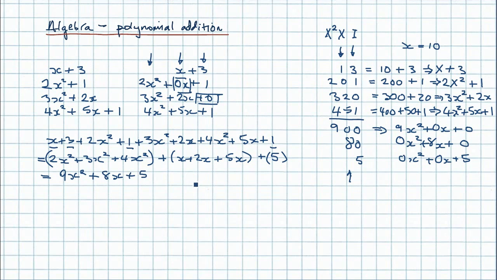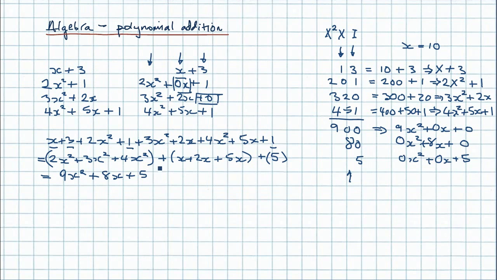Okay, so if I go back over here, just finally for comparison, you can see that's exactly what we were going to get here. So if I converted this to algebraic, I've got my 9x squared here, my 8x here, and my 5 here. So there's the relationship between conventional fixed term number addition and the horizontal algebraic addition that we were doing over here.